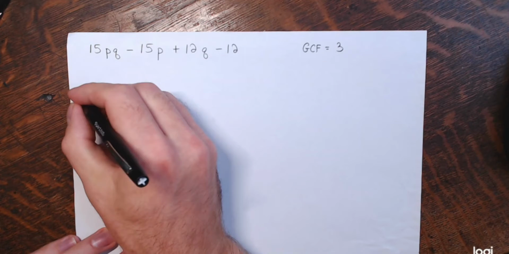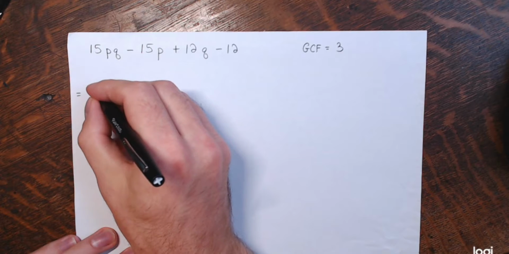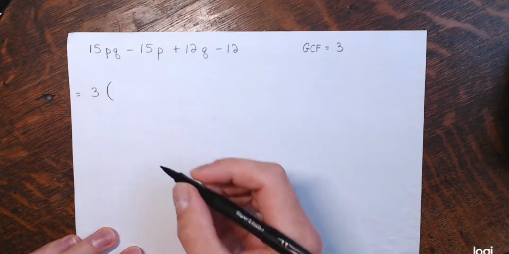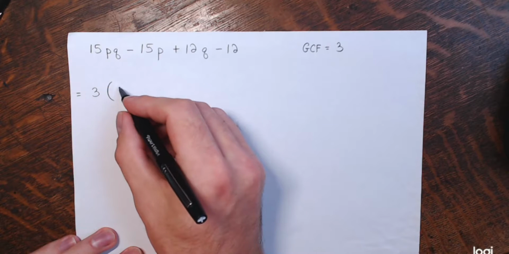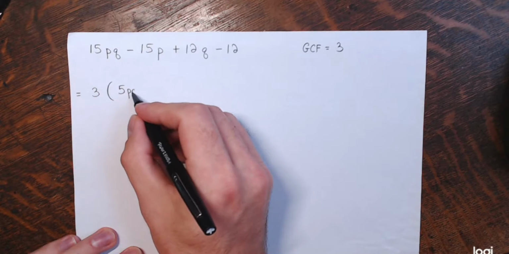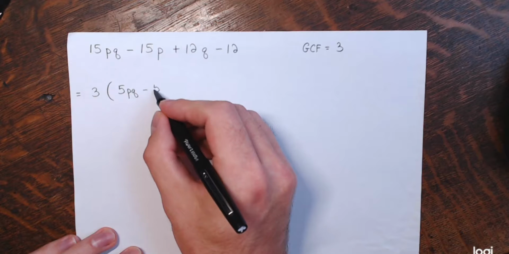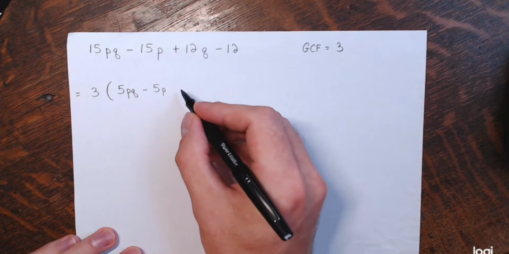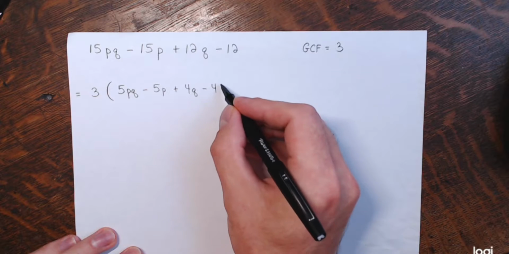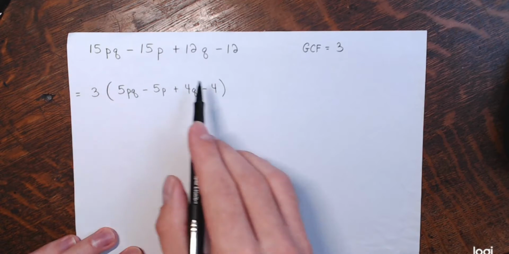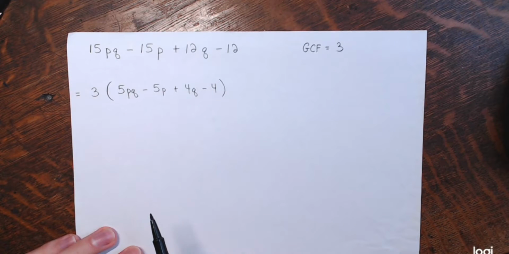So first I will factor out 3. Now if I do so, the other factor would be 5pq minus 5p plus 4q minus 4. And you can check by redistributing the 3 and you get the same thing back.